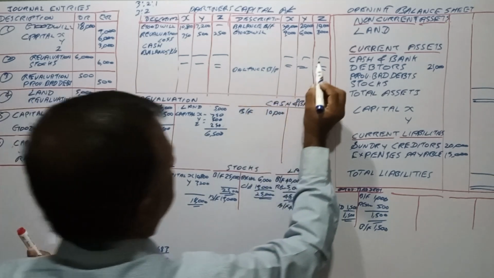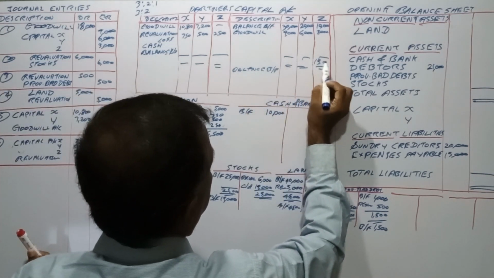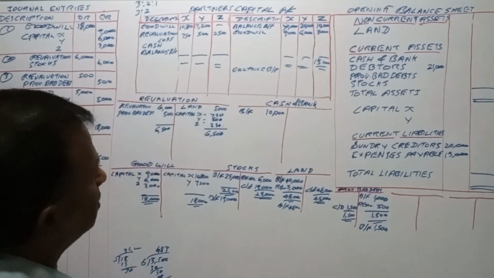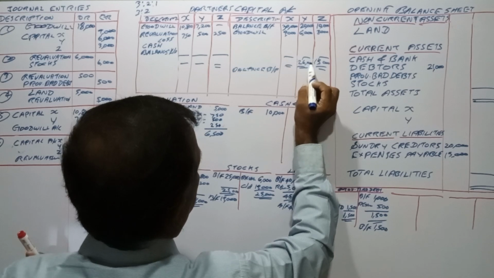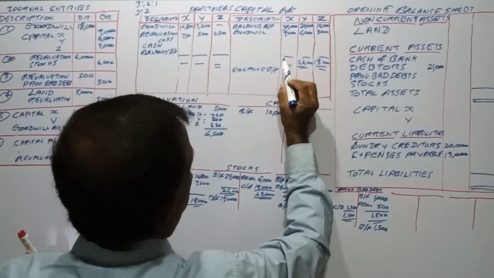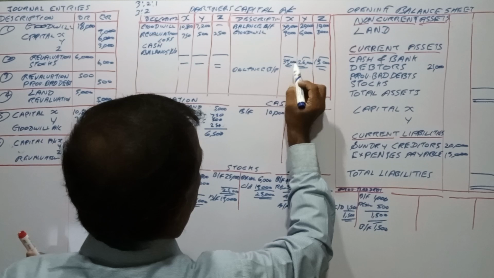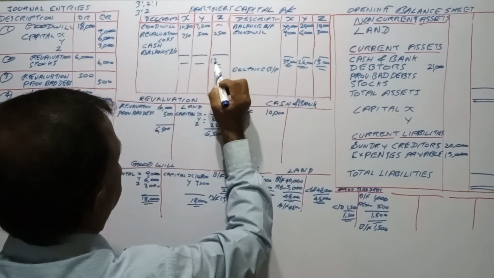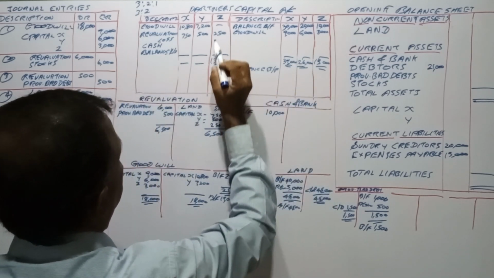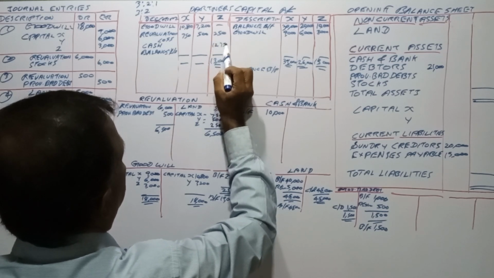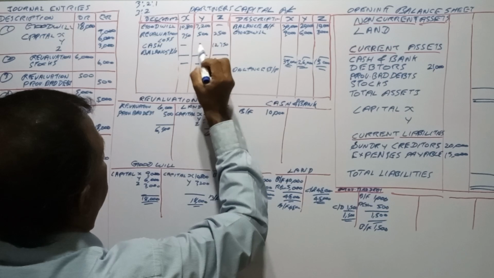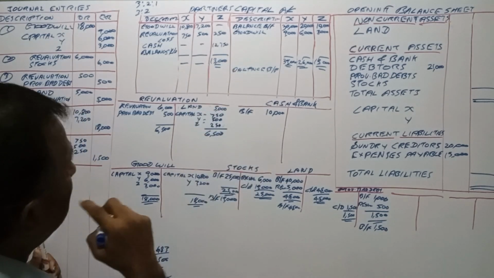Here 13,000, here you get 26,000, here you will get 39,000. 13,000 minus 250 is 12,750, which we have to give in cash.